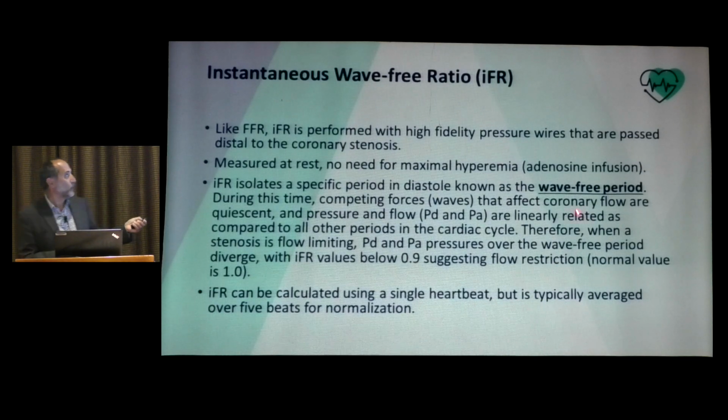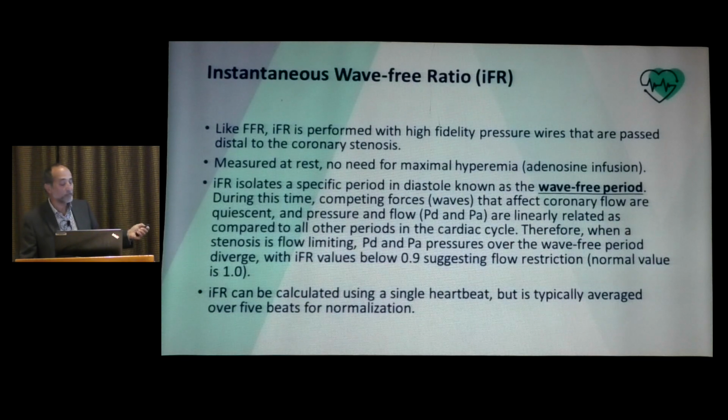It's called the wave-free period. So nothing is happening, no contractions, no active relaxations, nothing is happening. If we measure flow at this period, it will give us the same information that we get with FFR. And remembering that FFR spans the whole cardiac cycle, yes, systole and all of diastole, so it's an average of blood flow during the whole cardiac cycle.